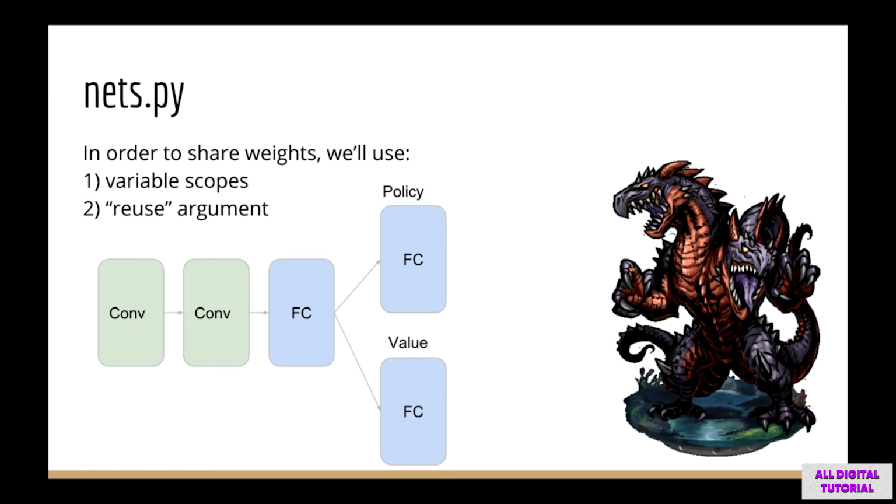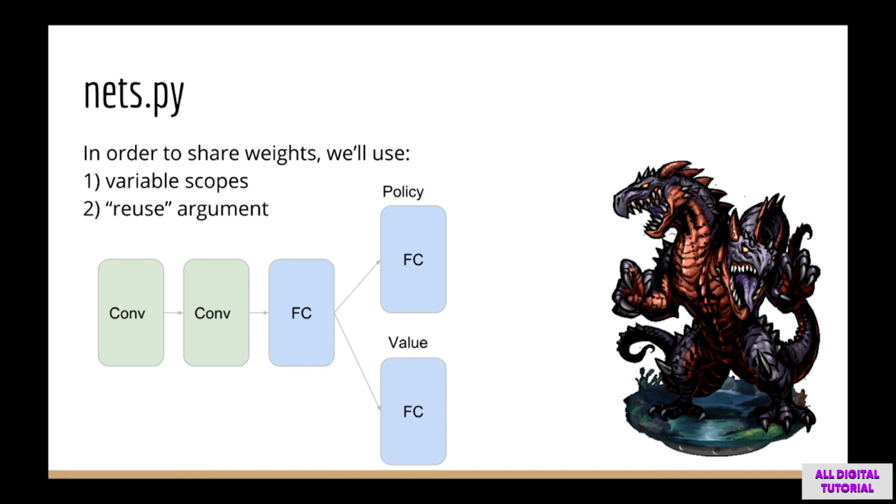First, these networks are going to be convolutional neural networks, which means they're going to consist of a series of convolutions followed by a series of fully connected layers. In addition, both networks are going to share a common body. In other words, only the last layer of each neural network is going to be different, and all the preceding layers will have shared weights.